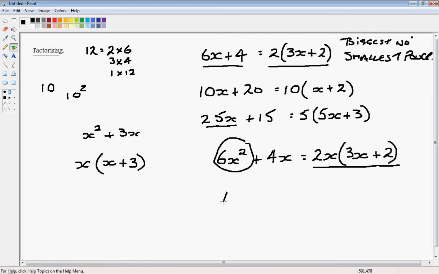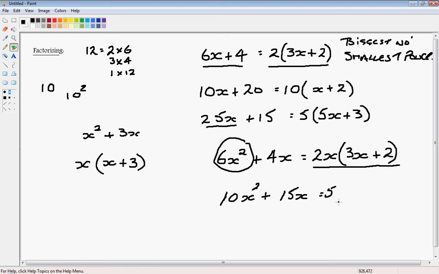So we'll do one more. So let's say we have 10x squared plus 15x. So again, the biggest number, and the biggest number that goes into 10 and 15 is 5.